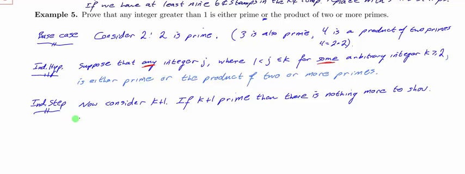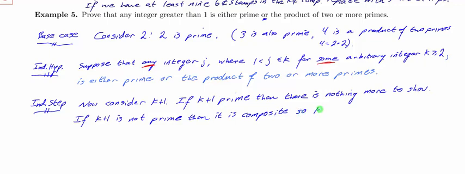If k plus 1 is not prime, then it is composite. That's just the definition. Composite are all of the non-primes.